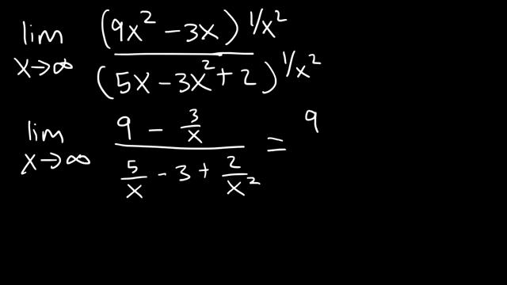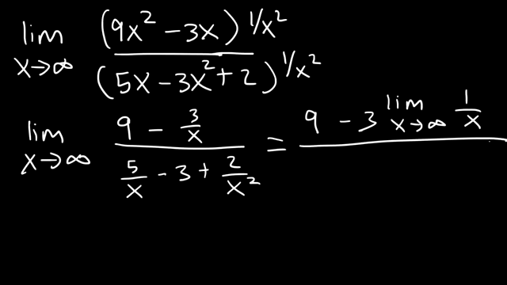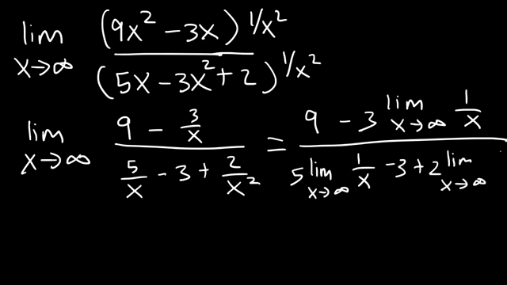So this is going to be 9 minus 3 times the limit as x approaches infinity of 1 over x, and then 5 times the limit as x approaches infinity of 1 over x, minus 3 plus 2 times the limit as x approaches infinity of 1 over x squared.